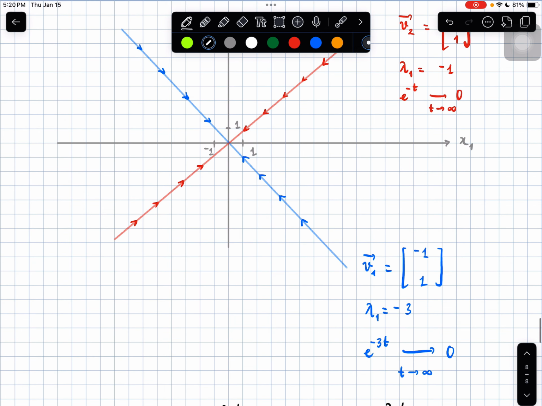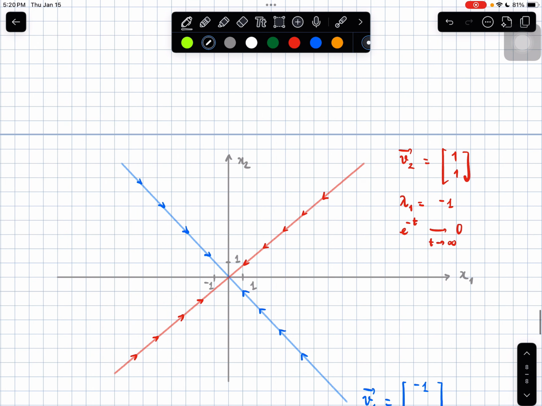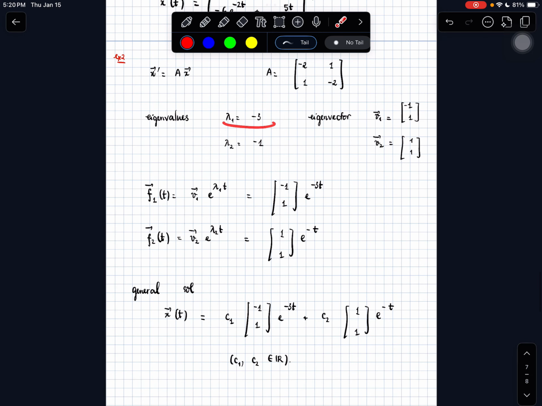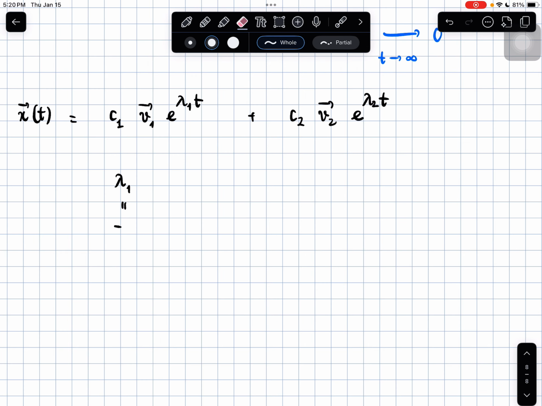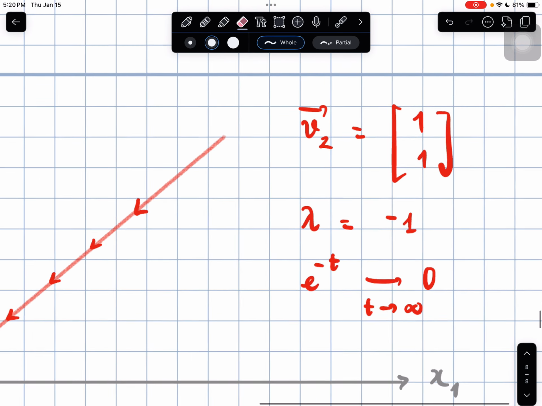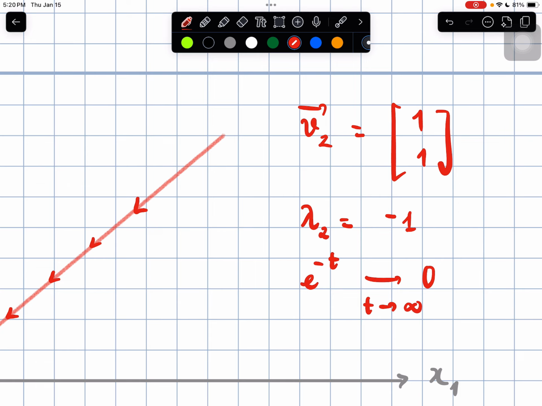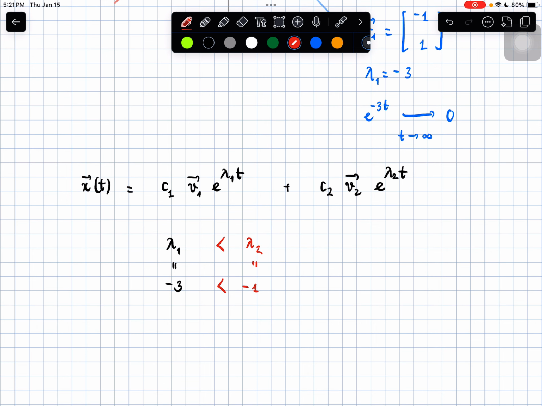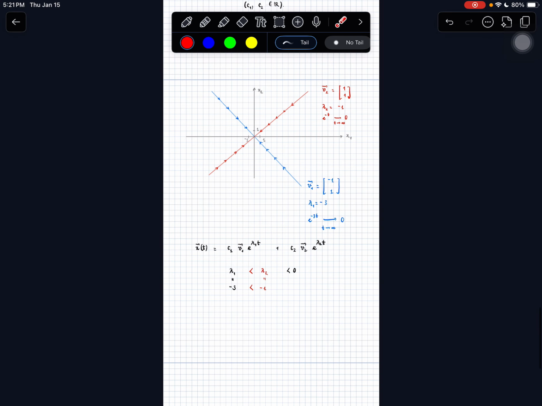Lambda 1 is minus 3 and lambda 2 is minus 1. Lambda 1 is less than lambda 2, but both of them are negative, less than 0. So therefore, along the two lines, we go into the origin.